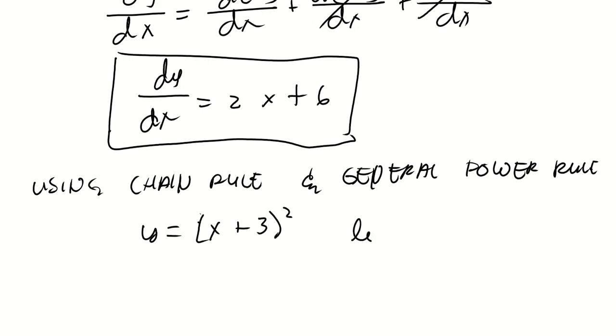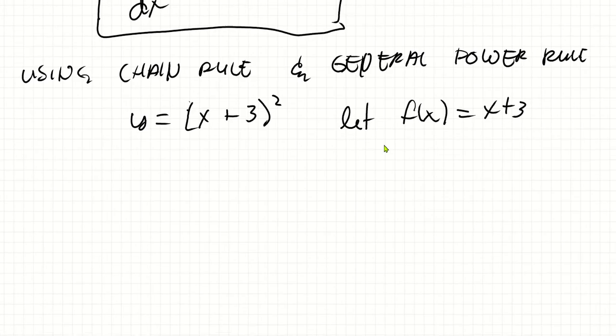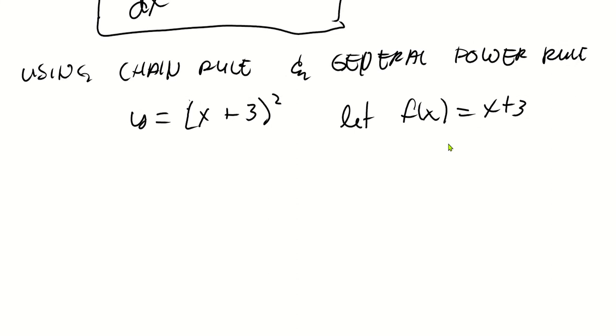We can let f(x) be equal to x + 3. So that's the function. Or you can use u if you want, just like the other books use. They use u. Then this will be y equals f(x) squared.